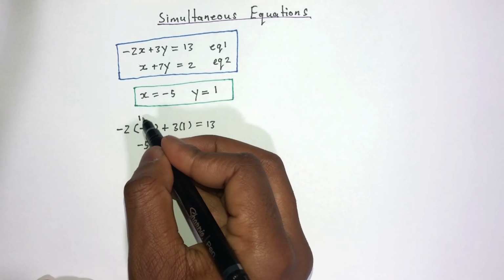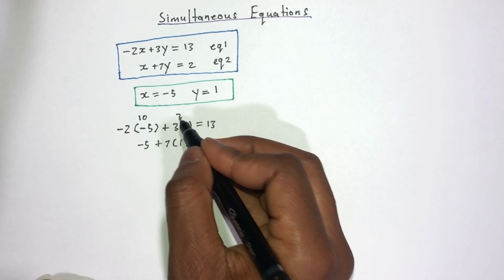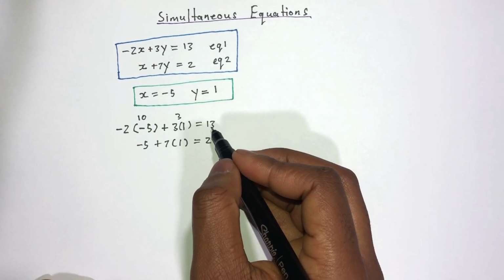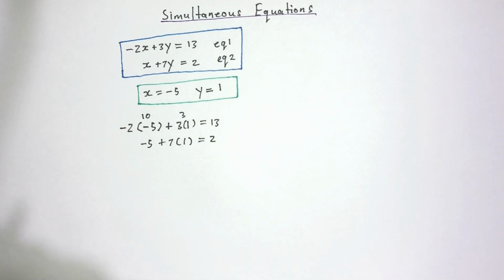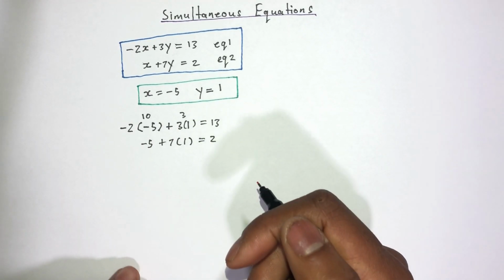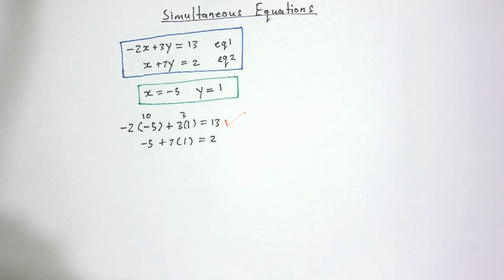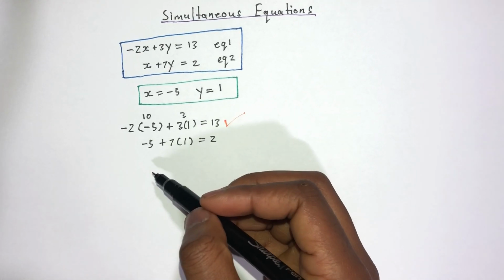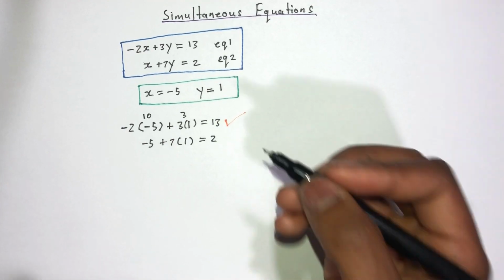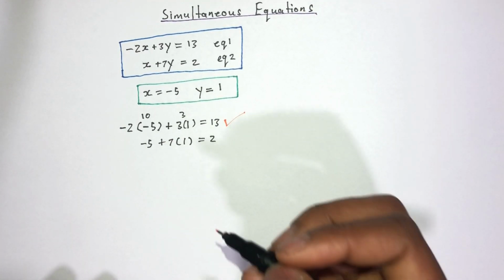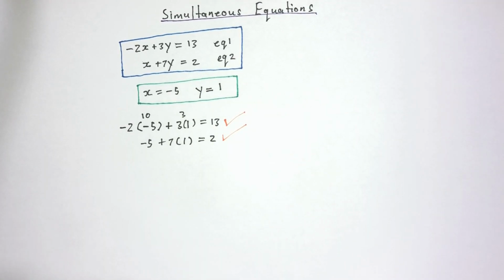So this is 10. And 3 times 1 is 3. 10 plus 3 gives us 13. Negative 5 plus 7 gives us 2. Great.